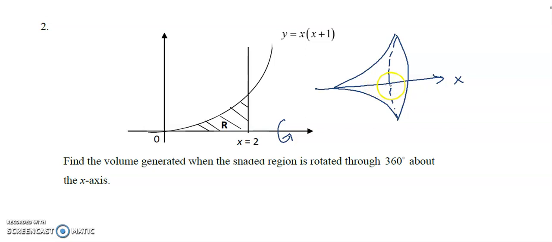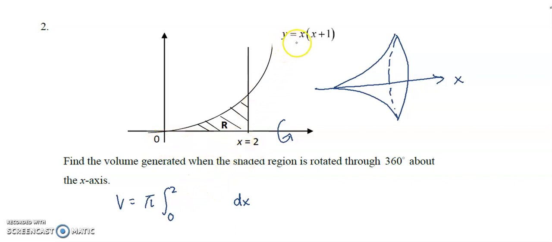To get the volume of this solid, simple. We just need to stick to the formula. Start from pi, and because it is rotated about the x-axis, we need to integrate with respect to x. And the lower limit, we need to take from the x-axis also. That will be from 0 to 2, because this region is bounded by x equals 0 and x equals 2.